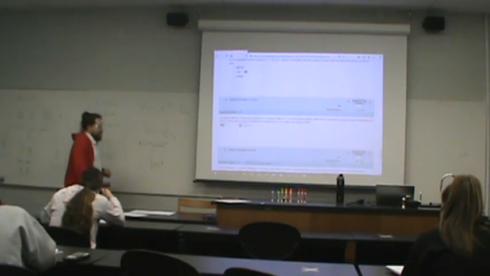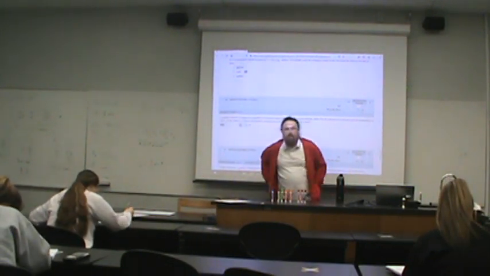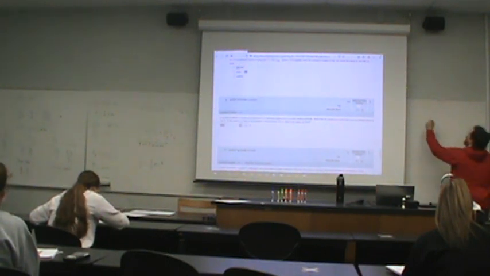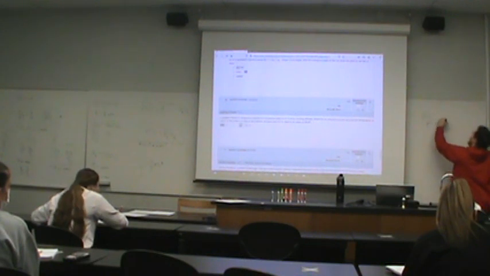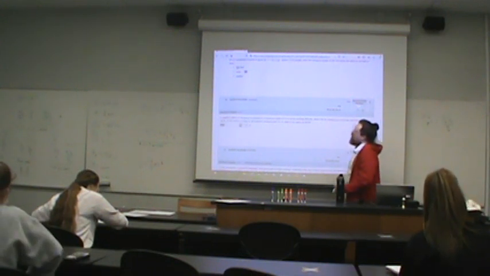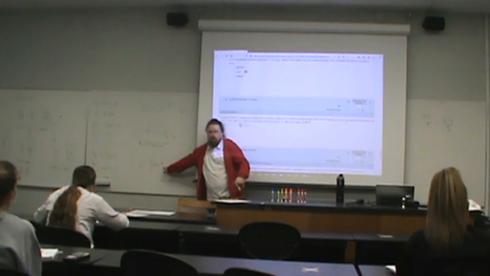So when you put the volume in, I'm going to do it over here because we're running a little out of room. Okay. Let's take PV over T equals PV over T. We're given our question in terms of radius and we want our answer in terms of radius. This is the formula for turning volume into radius.